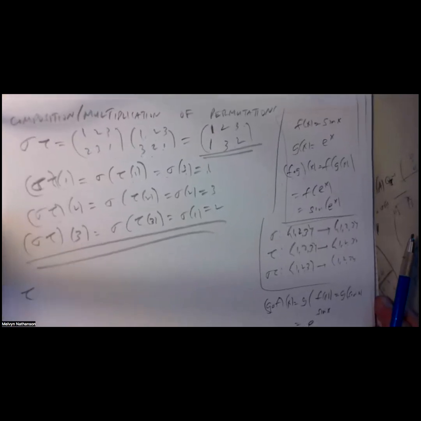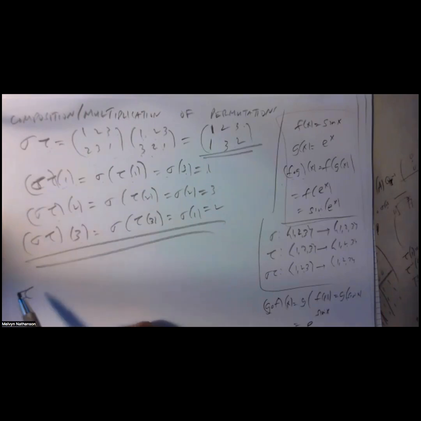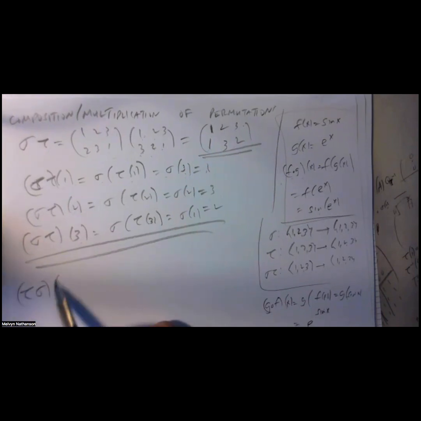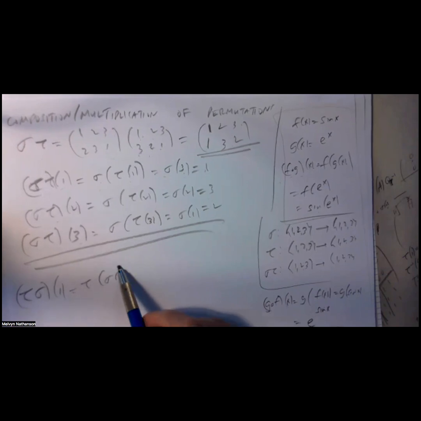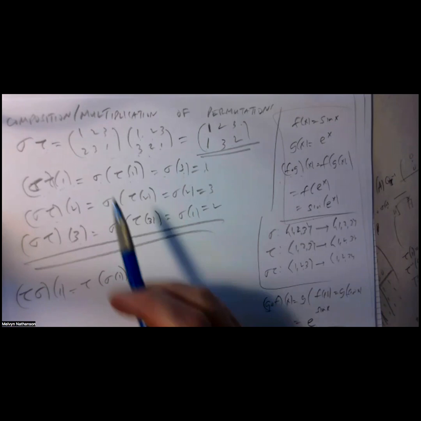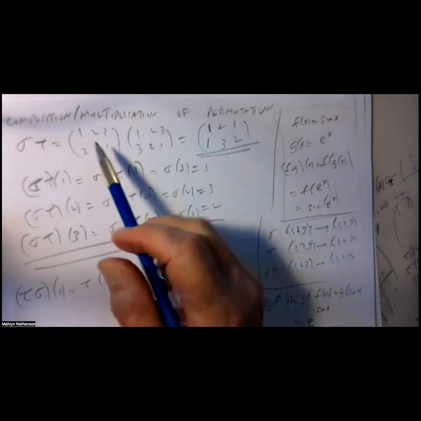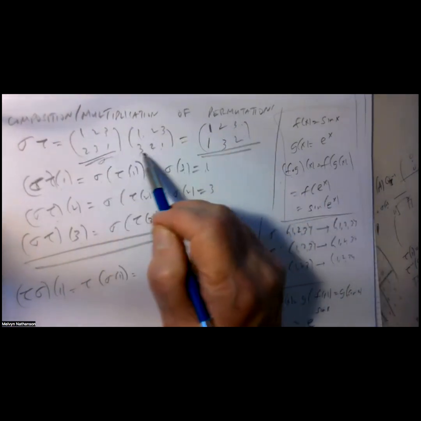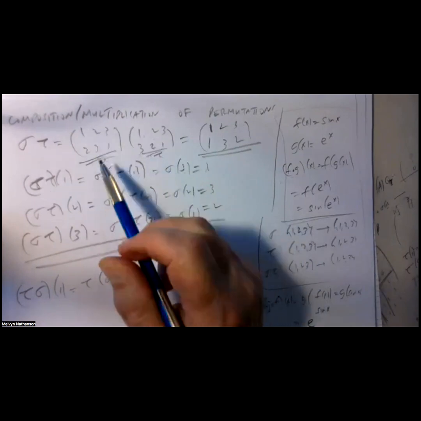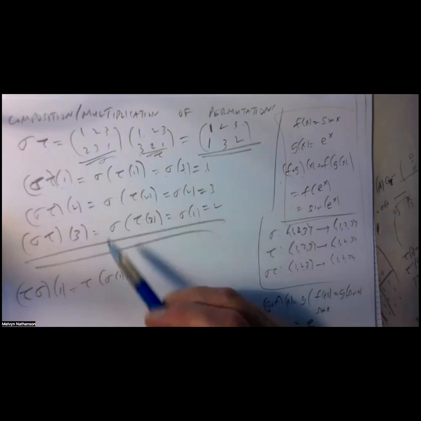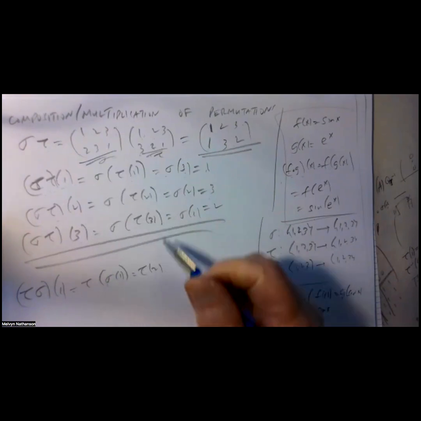And in algebra, the same thing can happen. Let's look at tau sigma. Let's compute tau sigma. So tau sigma of 1 means tau of sigma of 1. Sigma of 1 is 2, so this is tau of 2.